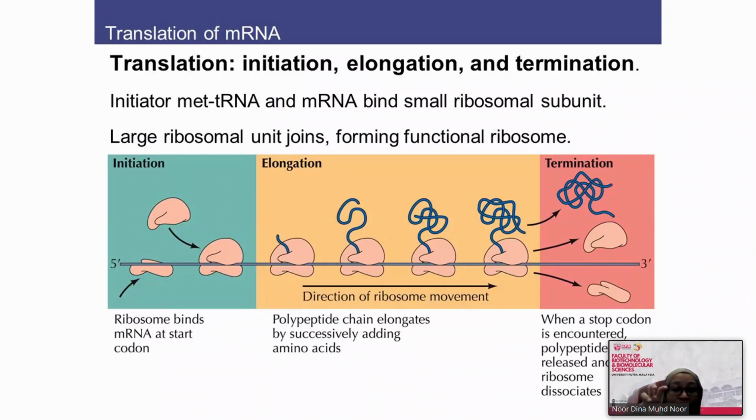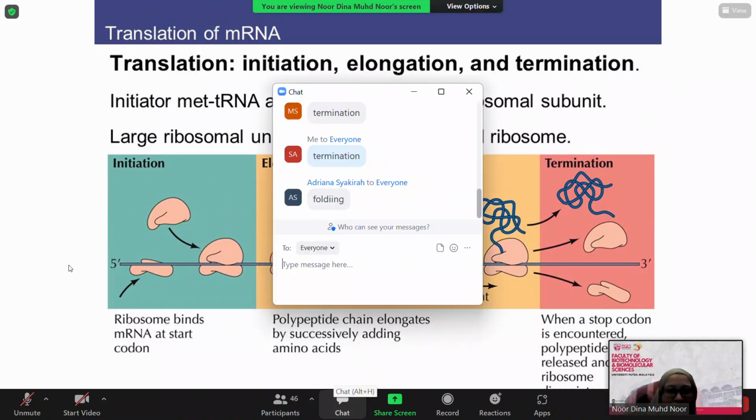So here, what can you understand? Which part is actually moving during the translocation? Whether the ribosome moved or the mRNA actually moved? Which one? Okay, during the translocation, which one do you think moved? Whether the ribosome or the mRNA?